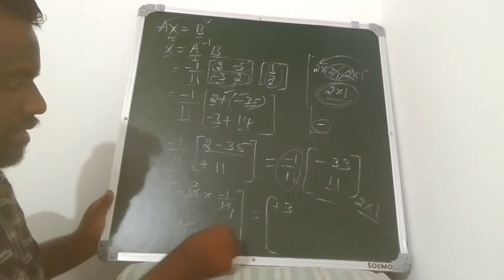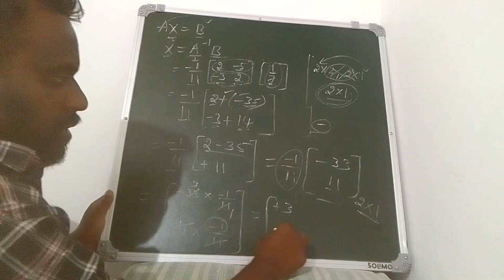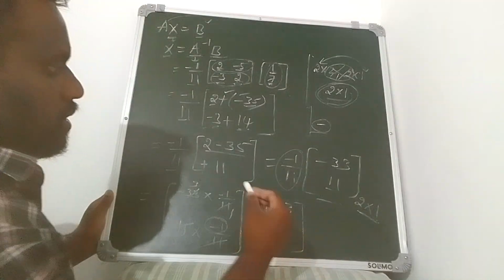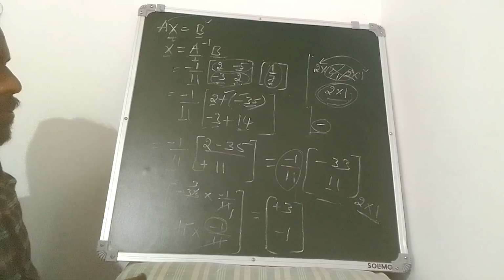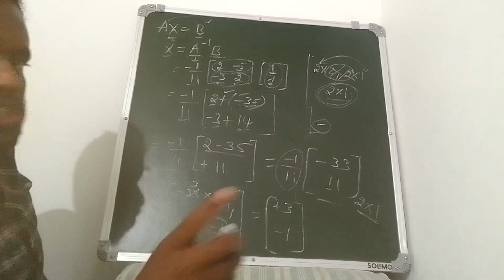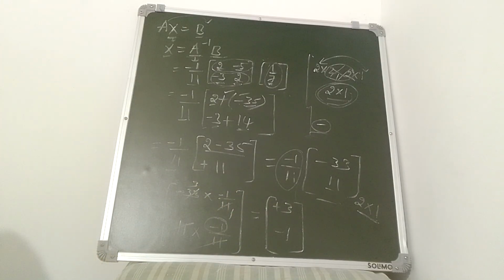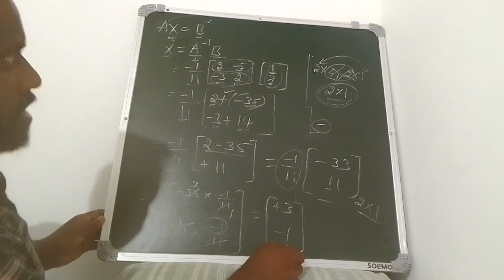Next, this 11 cancels out, we are left with minus 1. Yeah, so we got 3, minus 1, right?